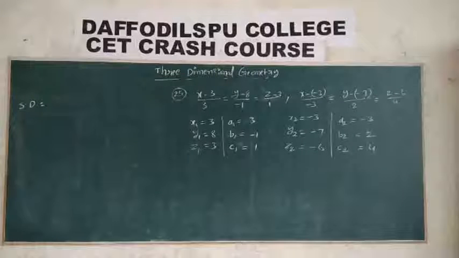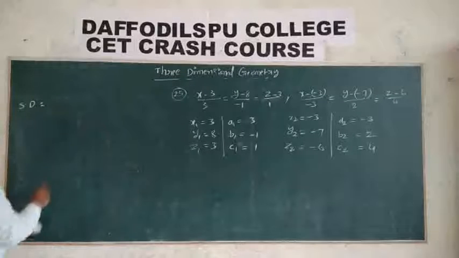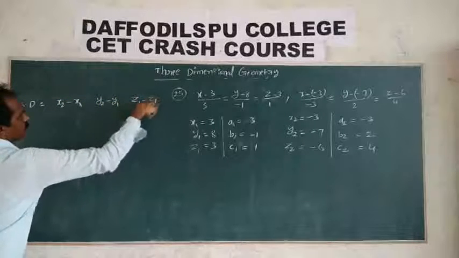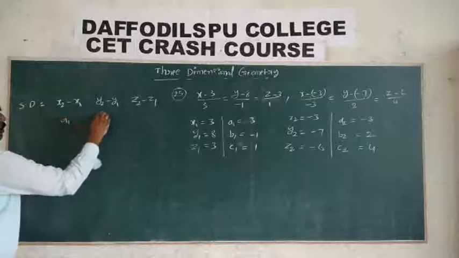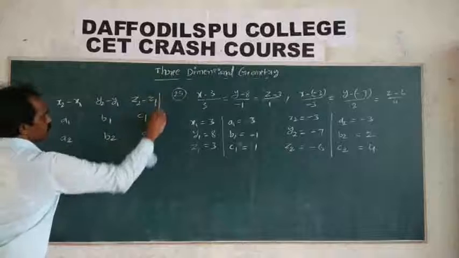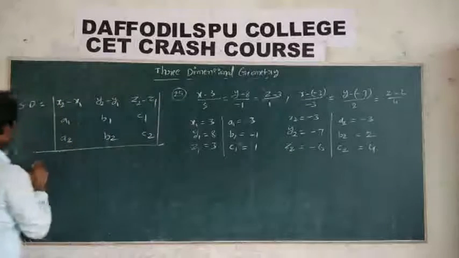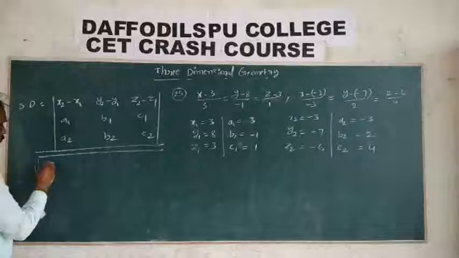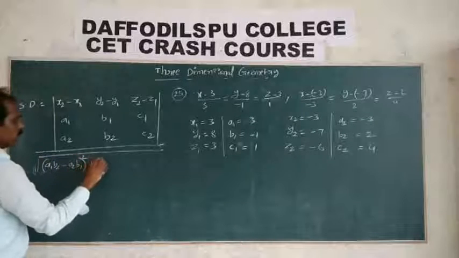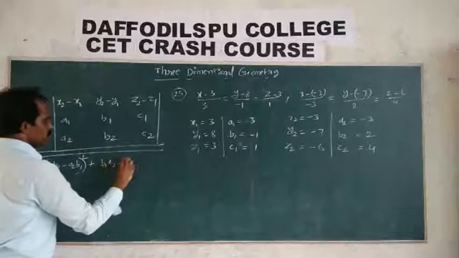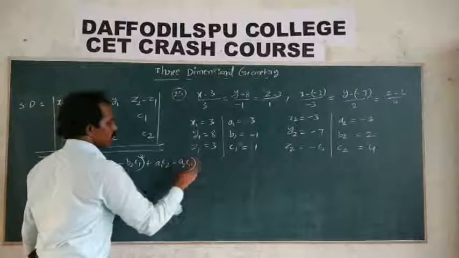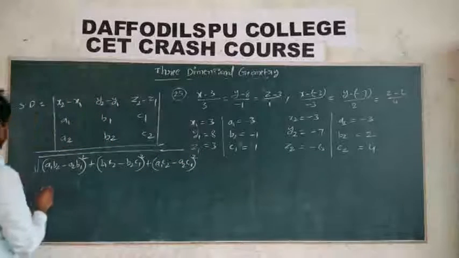So what is the Cartesian form to find the shortest distance between the lines? x2 minus x1, y2 minus y1, z2 minus z1, a1, b1, c1, a2, b2, c2, under square root, divided by under square root of a1 b2 minus a2 b1 whole square, b1 c2 minus b2 c1 whole square, a1 c2 minus a2 c1 whole square. This is the formula.